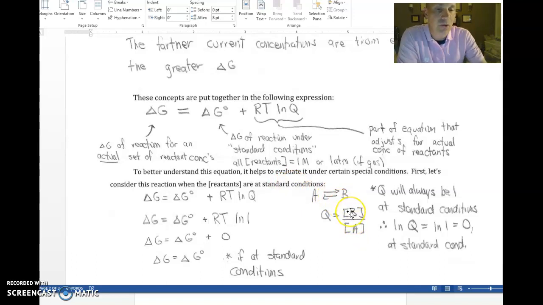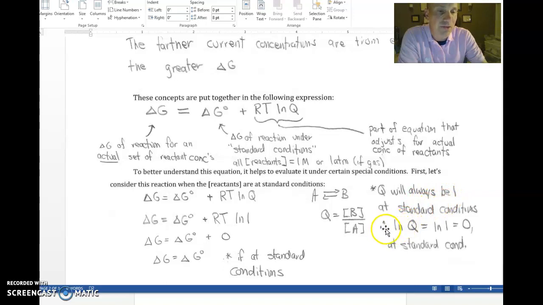If you square a 1, it's still 1. If you multiply two 1s together, it's still 1. If you divide something by 1, it's still 1. Because of this, whenever these are at standard conditions, Q is always going to be 1, because no combination of squaring, multiplying or dividing these will give any number except 1.